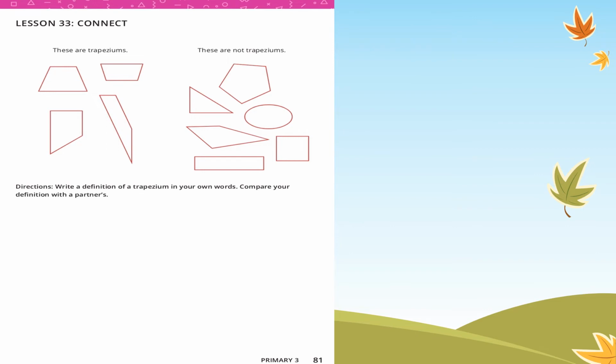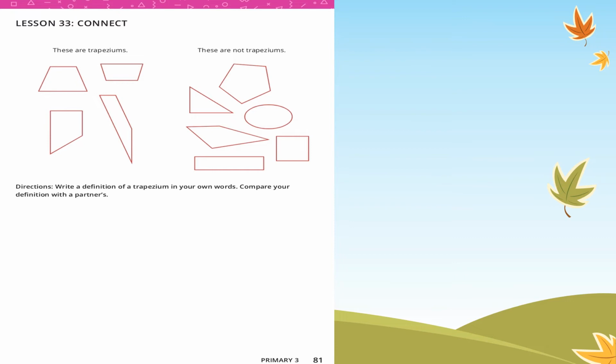Lesson 33. First, we will start with a warm-up about trapezium. We studied trapezium, or trapezoid, last year, and we said a trapezium is a 2D shape or polygon that has four sides and four vertices.